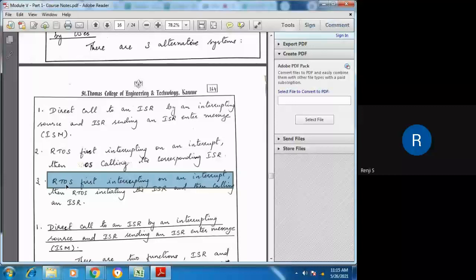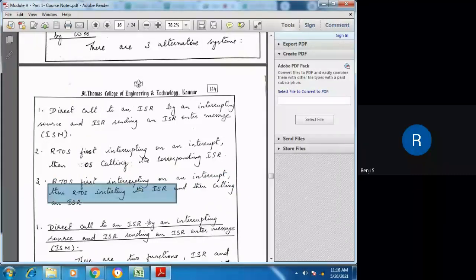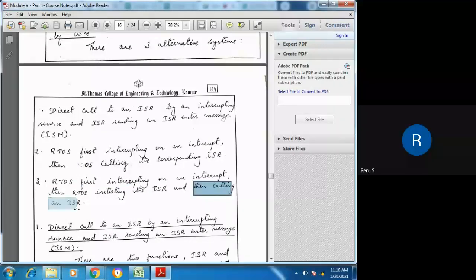But RTOS is not directly going to service the interrupt now, but instead it will call another ISR. The RTOS will initiate an ISR which calls the ISR that has arrived. This ISR checks the priority of the currently arrived interrupt, and then if the priority is high, it will call the interrupt that has arrived.